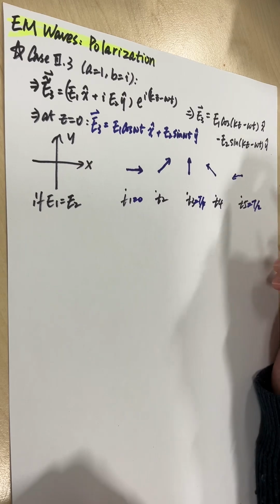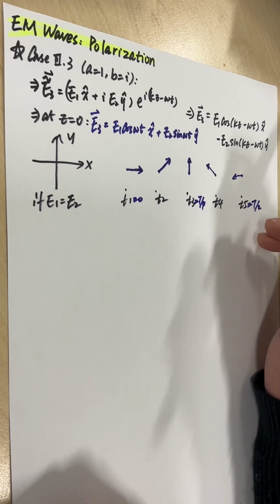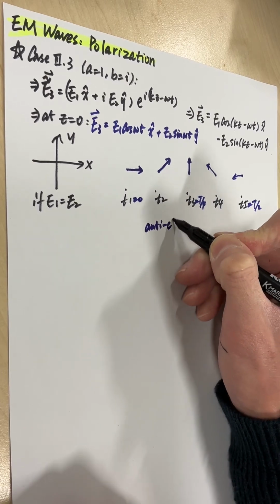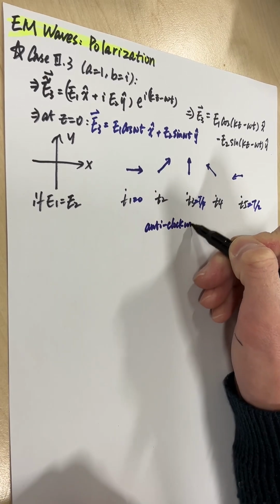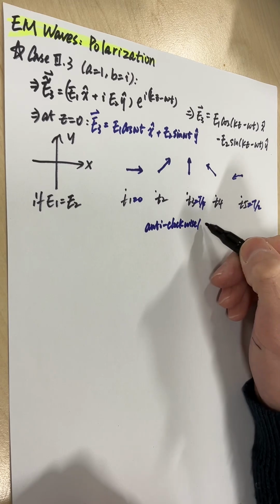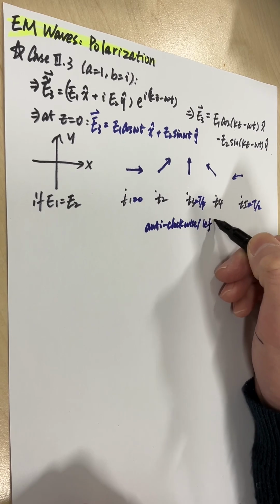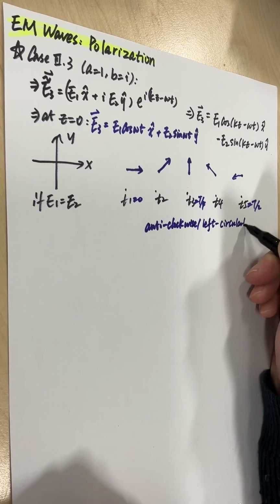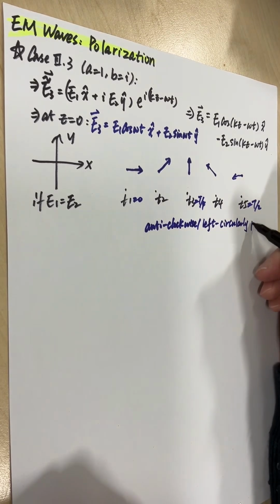So it's kind of anti-clockwise. So this is also called anti-clockwise or left circularly polarized.